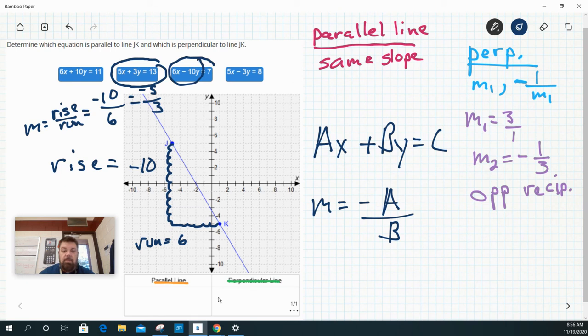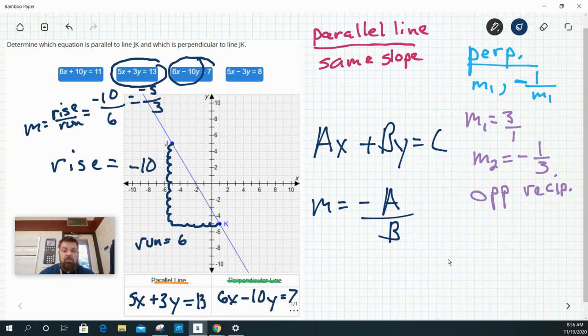So the parallel line would be 5x plus 3y equals 13. And we'll talk a little bit more about that in a second. And the perpendicular line would be 6x minus 10y equals 7.